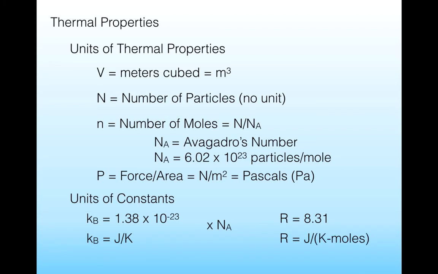By the equation of state and the definition of kB, you can now see that the units for this R are joules per Kelvin mole. So the Kelvin and the moles are both on the bottom, in the denominator, so that now when you multiply it by little n and T, you just get joules.